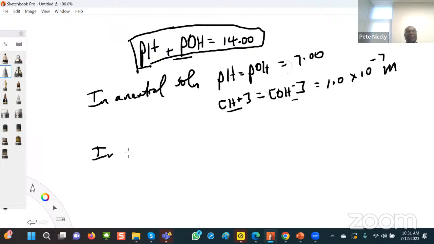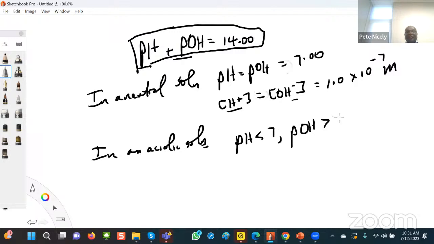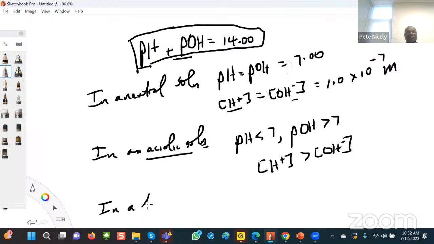Now, in an acidic solution, the pH is less than 7, which means that the pOH would be greater than 7, all right? Correspondingly, what that means is that the concentration of H+ would be greater than the concentration of OH-, all right? So that's what happens in an acidic solution. And then finally, in a basic solution, the reverse is true.